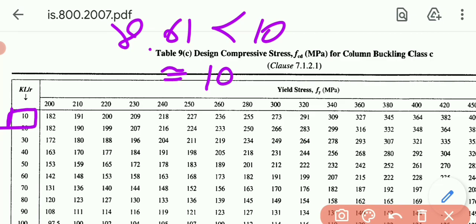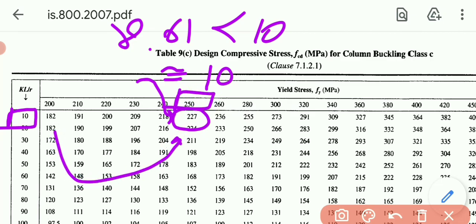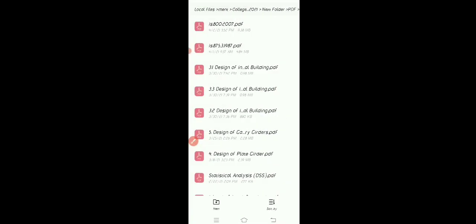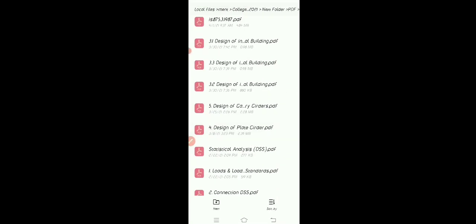So I can take the direct value for 10, that is, we can say, 227 of 250 Newton per mm square. Okay, so our answer will be 227 Newton per mm square, as it is less than 10. So let's go back to the material.